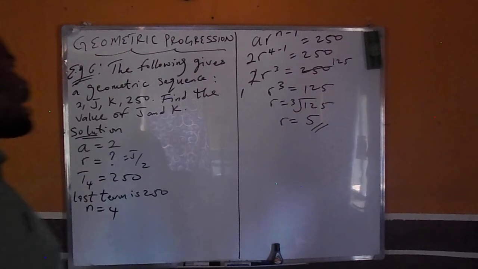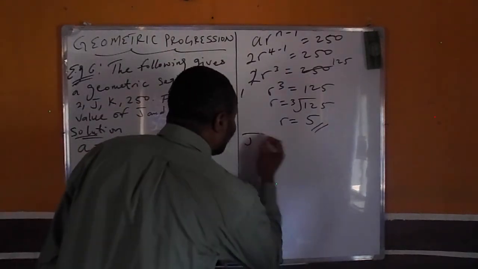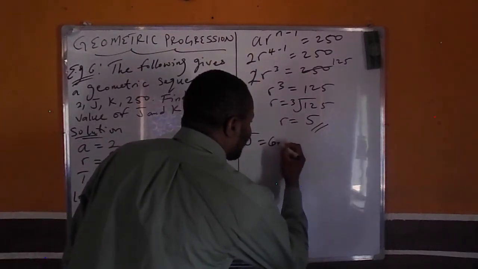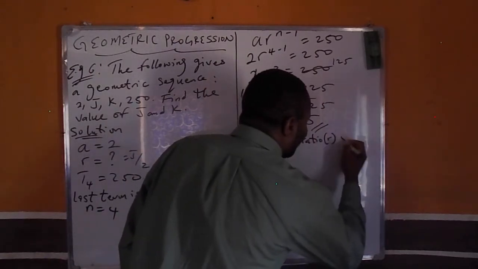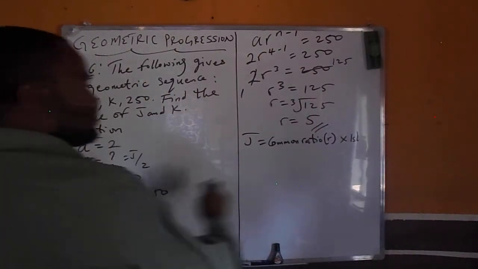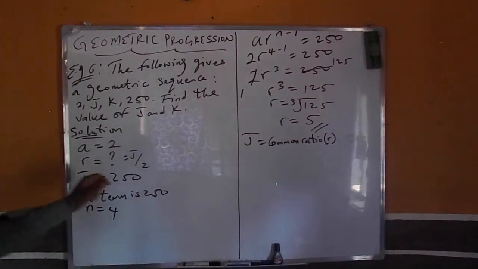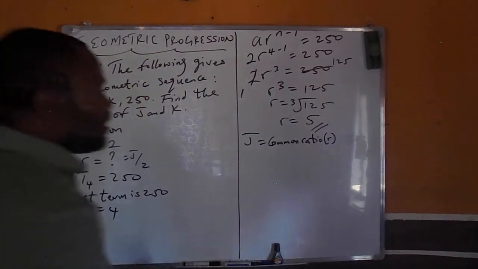Now that we have gotten our R, which is our common ratio, what will now be our j and k? We can say j equals common ratio R times the first term.